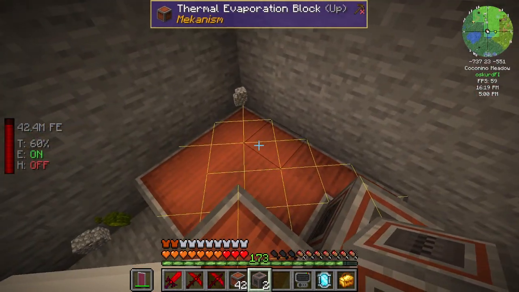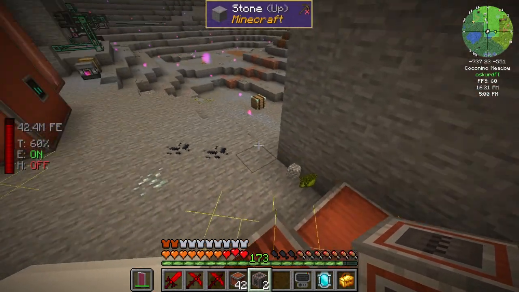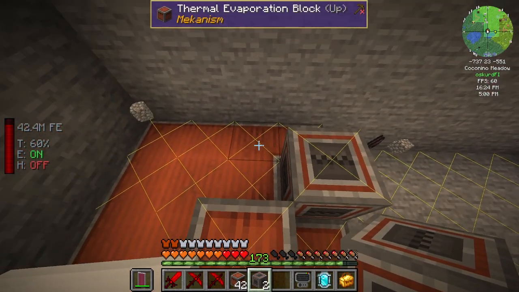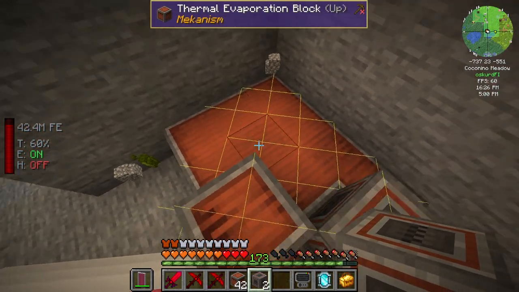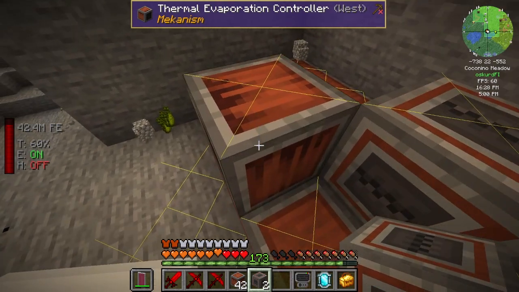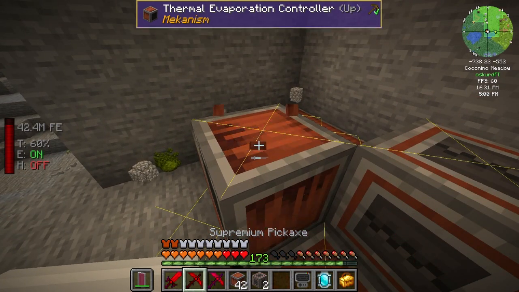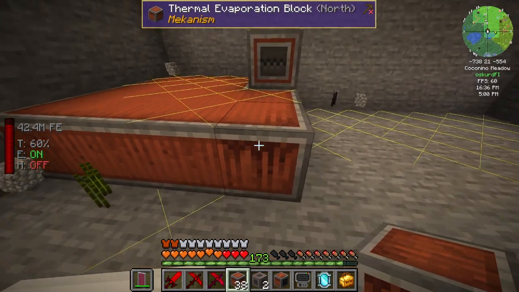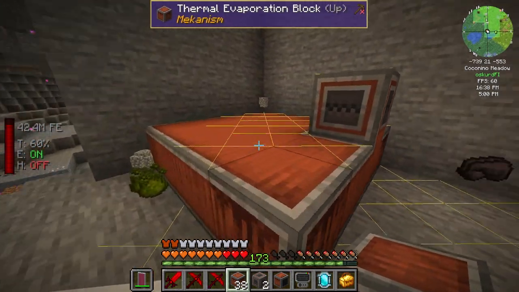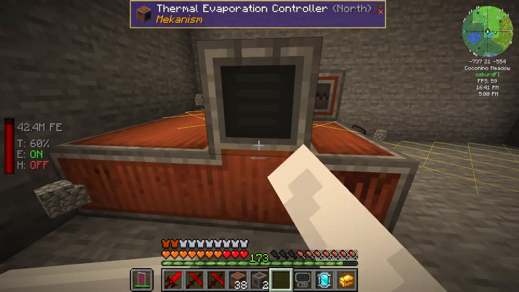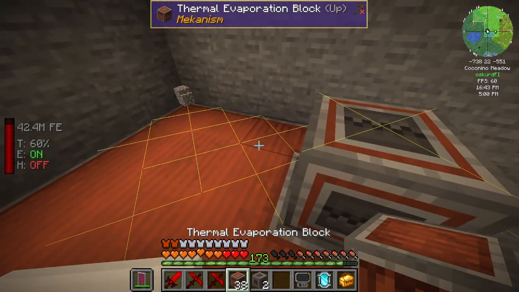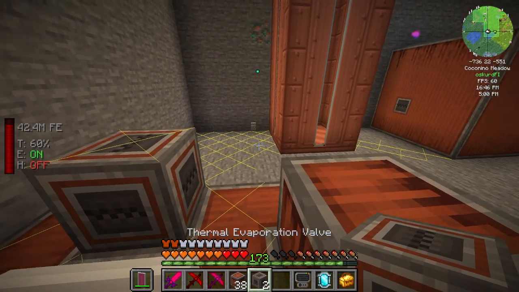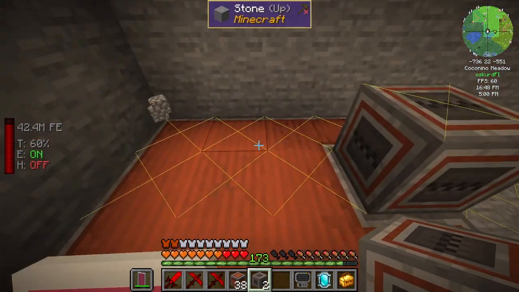Then... Or... Wait, this is not 4. Oops. Now it's 4. Yeah, it looks weird. It looks a little bit weird, yeah. Much better. And then our heater, another heater, I guess I just put it here.